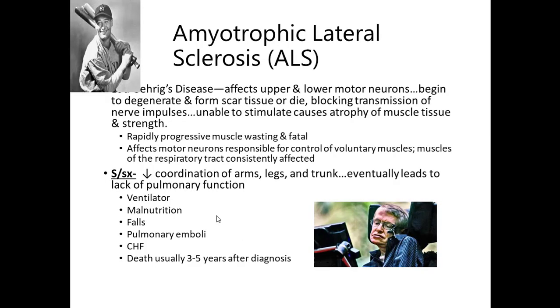ALS, or Lou Gehrig's disease, is another sad disease to watch. It affects the motor neurons. They start to degenerate and then form scar tissue and die. Basically, they're not able to transmit nerve impulses.